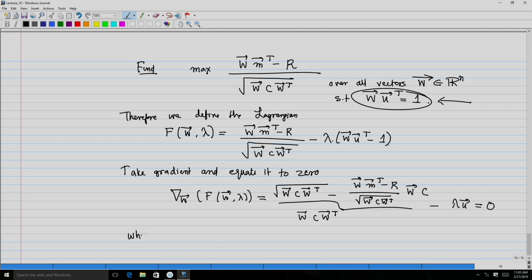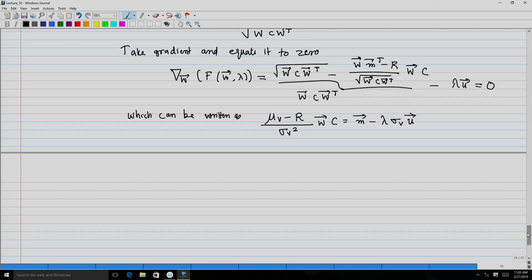and which can be written as (mu v minus r) over sigma v square into vector W C is equal to m minus lambda sigma v into vector u. So, now we have to further simplify this. We have to figure out what is going to be our lambda.